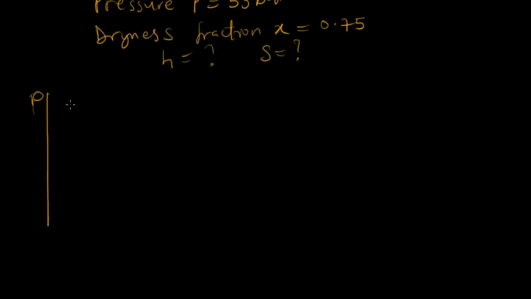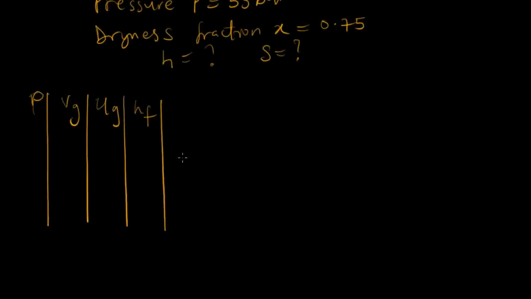The next is Vg. I'm going to rule it this way too, because it's in a tabular form. Our Ug, our HF, our HFG will be ruled too.